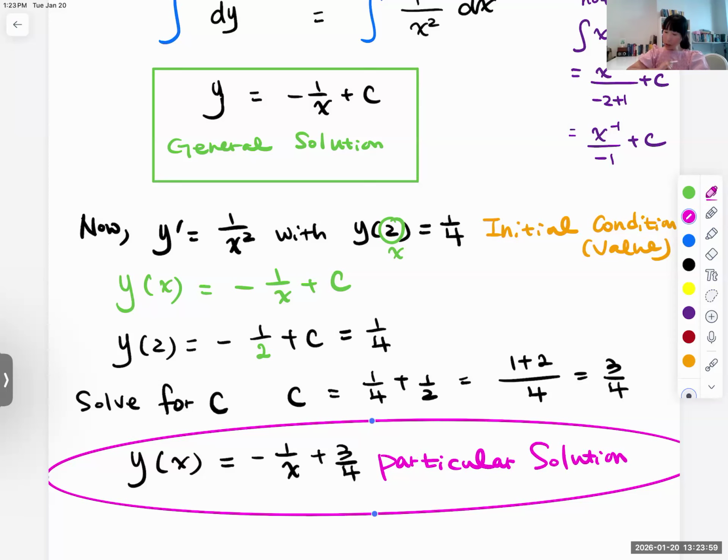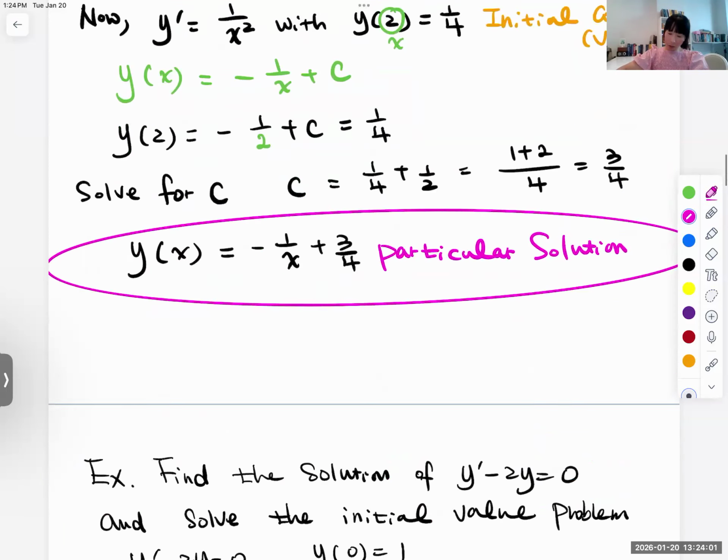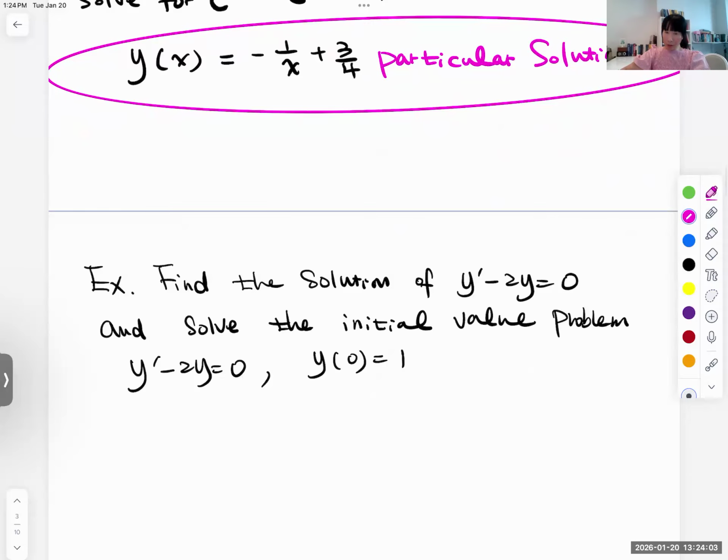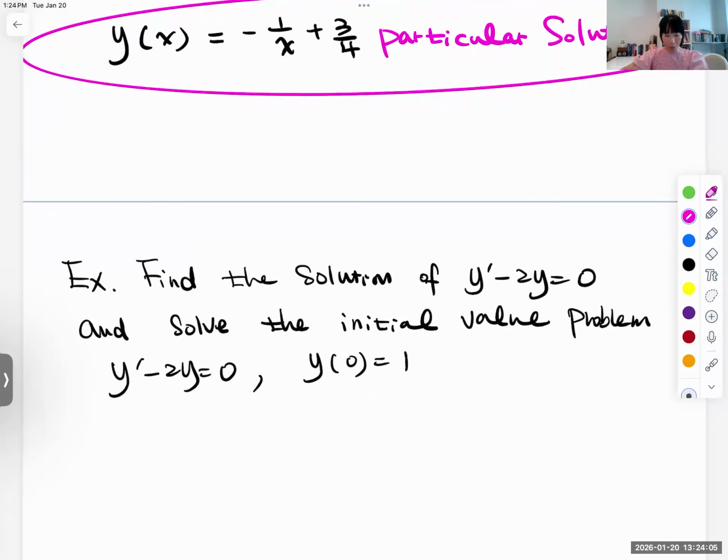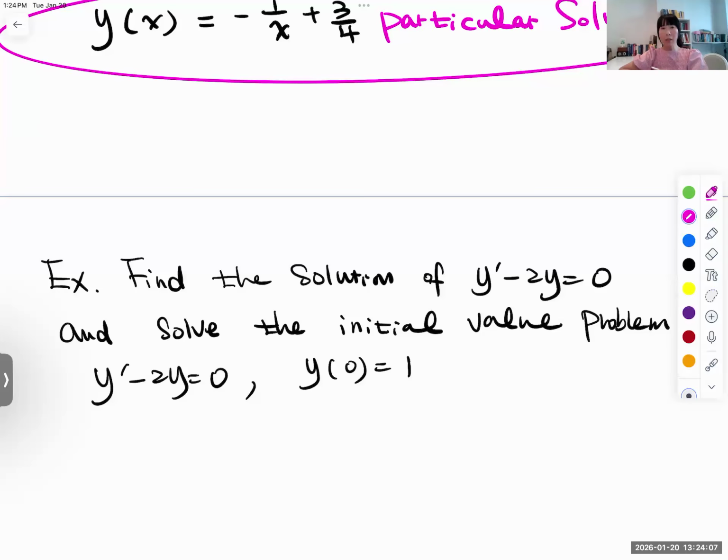All right, so let us do that. We have an equation, for example, find the solution of this differential equation equal to 0, right? So this is a homogeneous differential equation.